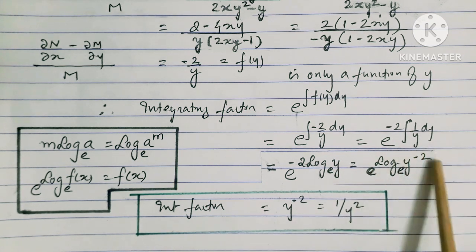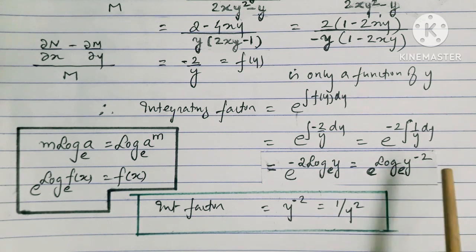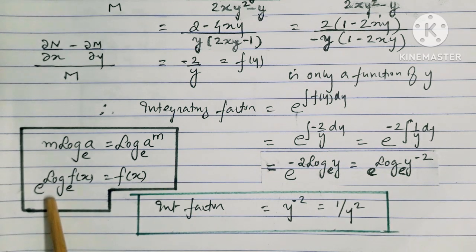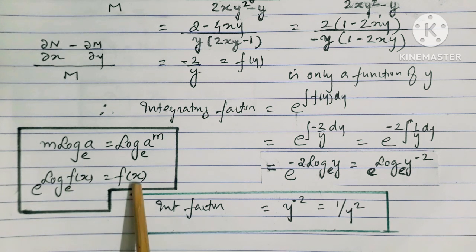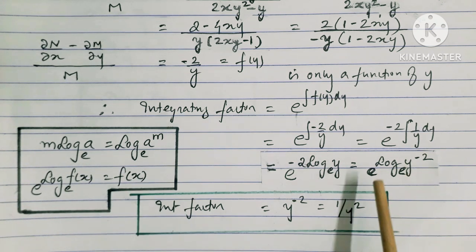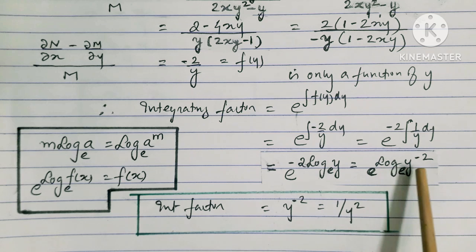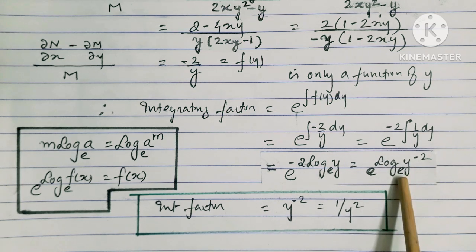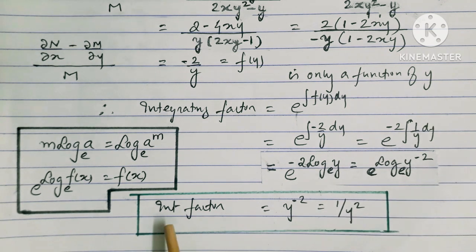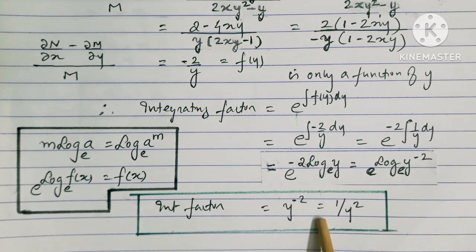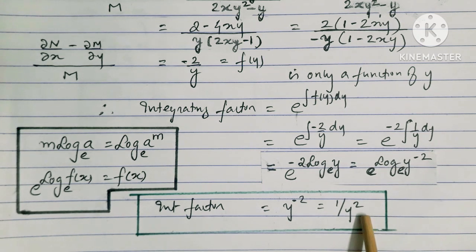And we can further simplify this integrating factor by using another property of logarithm, which is e raised to log f of x to the base e is equal to f of x. So, e raised to log y raised to minus 2 to the base e is equal to y raised to minus 2, which is equal to 1 upon y square. Therefore, the integrating factor is equal to 1 upon y square.